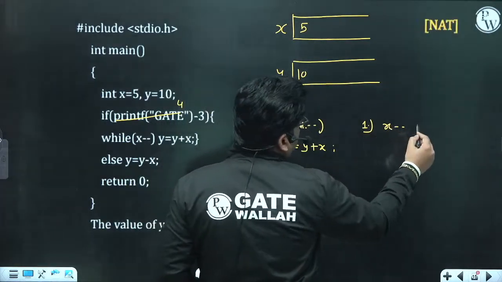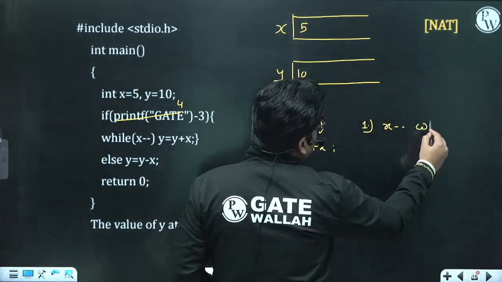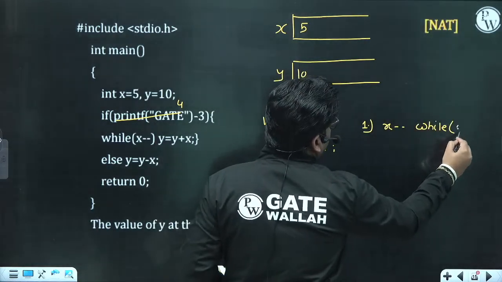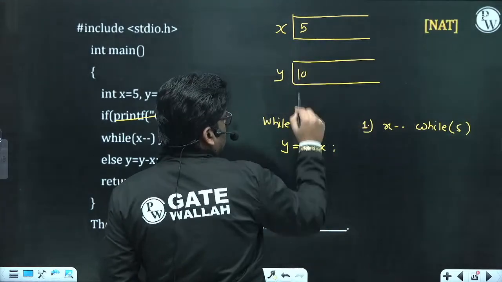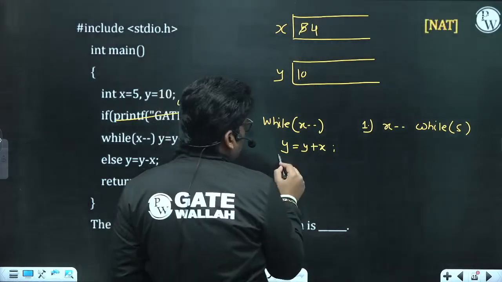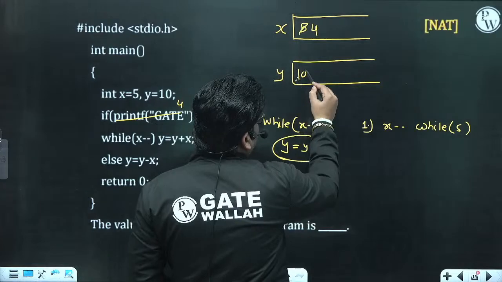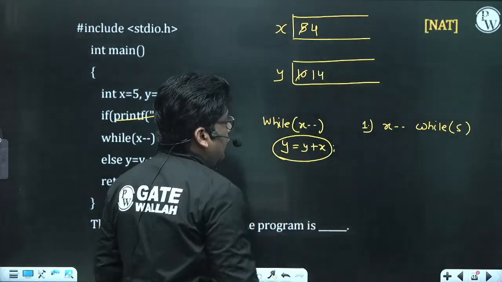Am I right? So actually you are saying while 5, because it is true. After post decrement, it becomes 4, and then this executes y is equal to y plus x. So can I say the new value of y is 14?